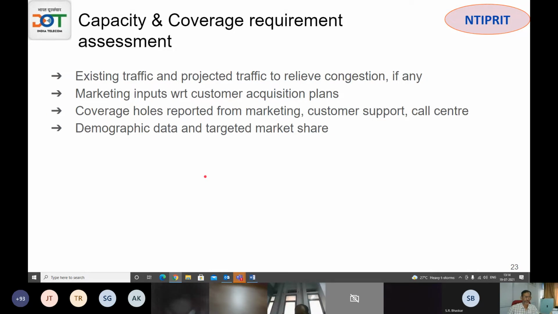And demographic data, that means how much population is in every place and what market share you are trying to achieve. Today your market share is, let's say, 25%, and I want to increase it to 35% after 1 year, 2 years. So you need to have that kind of capacity and coverage. If there is population, only then can you provide coverage.